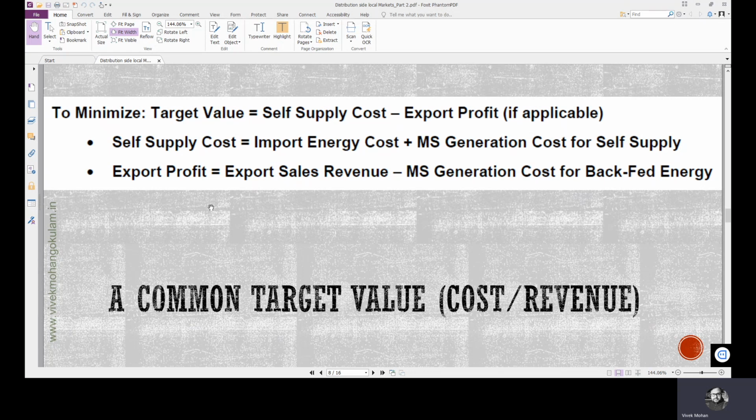This is the microsource generation cost for backfed energy. So export profit, which is substituted here, then self-supply cost, which is substituted here. You get the target value, and you minimize the target value for optimal energy management inside the microgrid. That is the objective function.